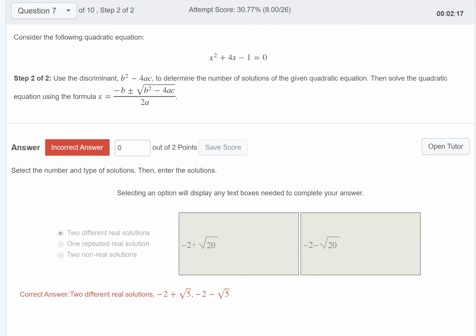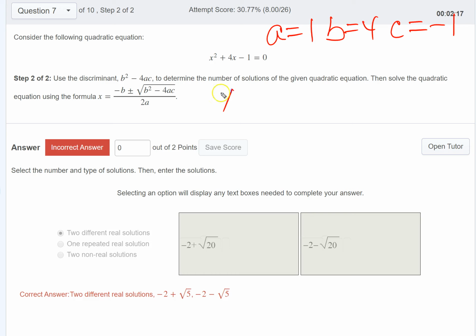So in the next one, again, they're asking us to use the quadratic formula. A is equal to 1, B is equal to 4, and C is equal to -1.